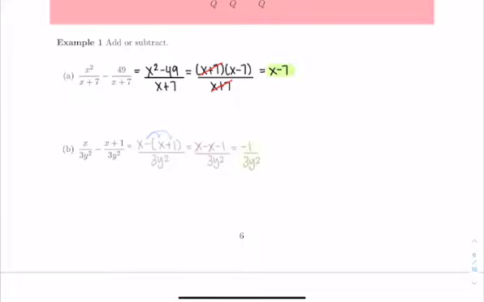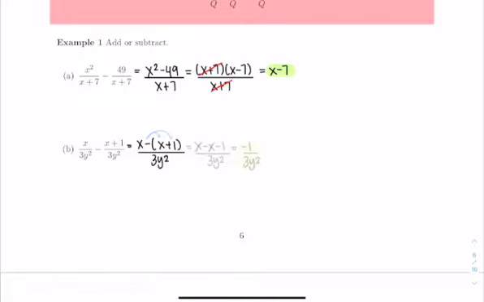Let's do another one. We have x over 3y squared minus x plus 1 over 3y squared. What you have to be careful of, especially with the subtraction, is that you put the second numerator in parentheses if there is more than one term. So we have x minus (x plus 1) all over 3y squared.